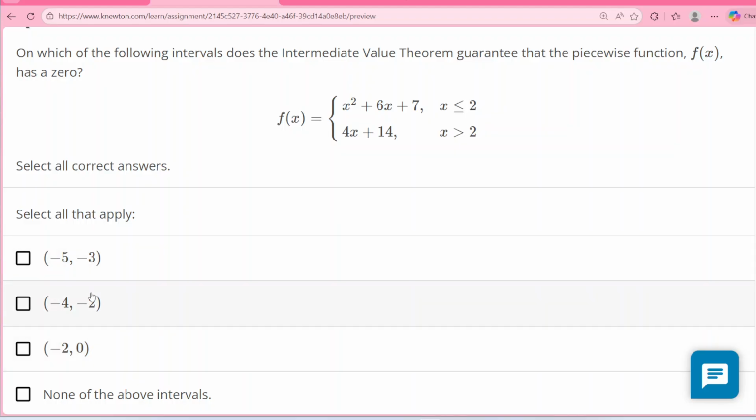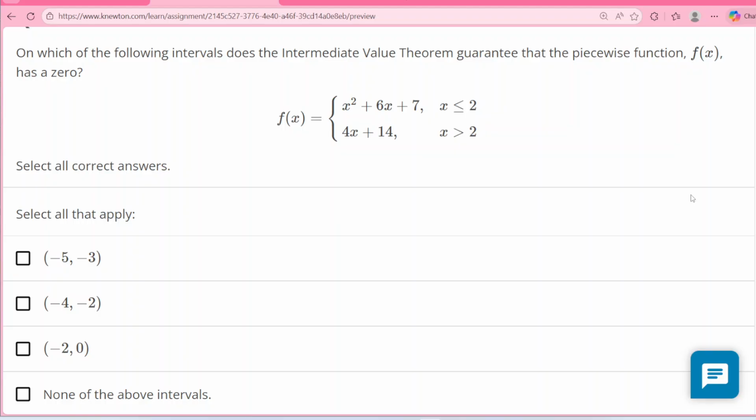So notice for all of these, the values in the interval are less than 2. So we're in the top piece for every single one of these, the x squared plus 6x plus 7 part of the function. They don't have any intervals here with values of x greater than 2. So I'm just going to work with that top piece.